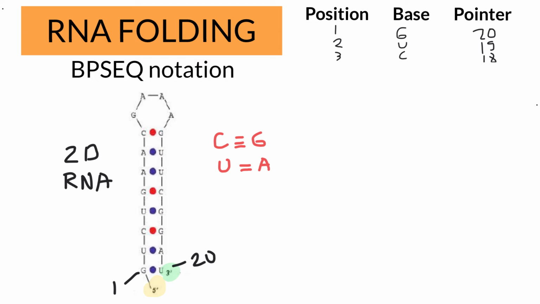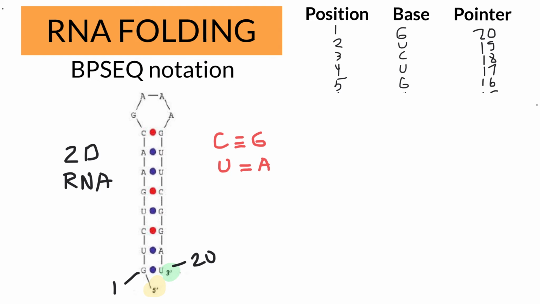We do not specify yet what kind of nucleotide it is. Next, position number 4, and at position number 4 we have uracil, and it connects with nucleotide 17.